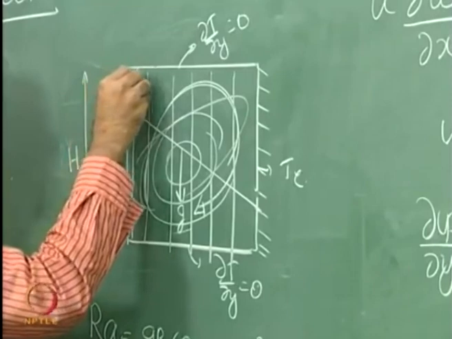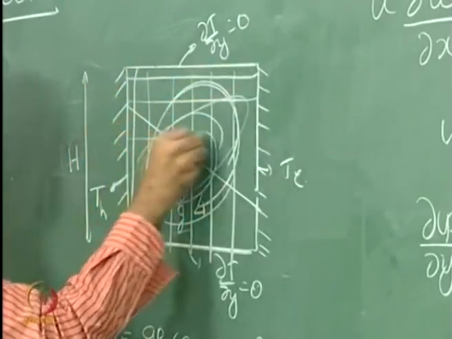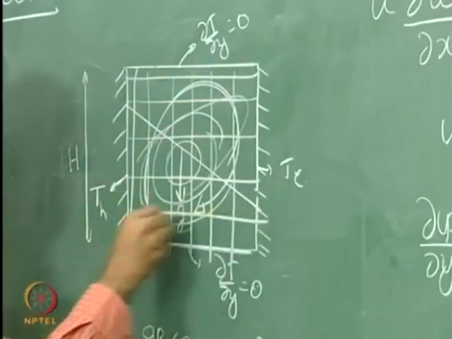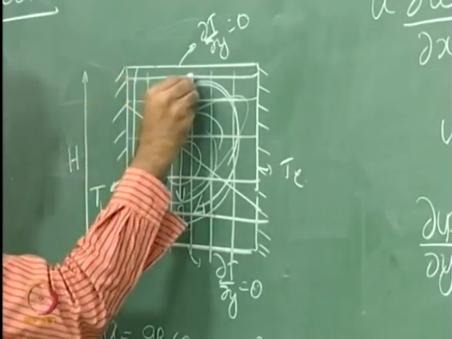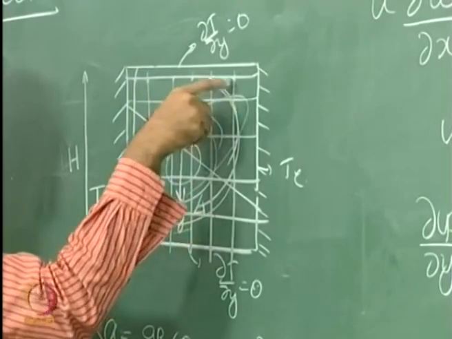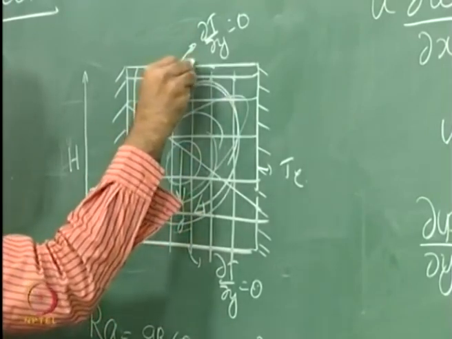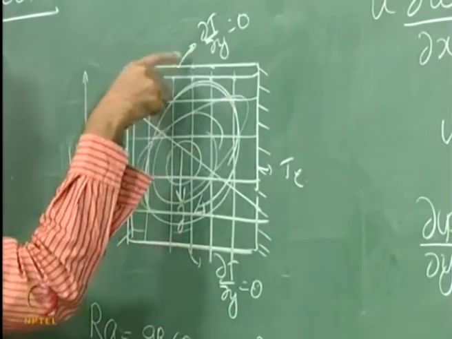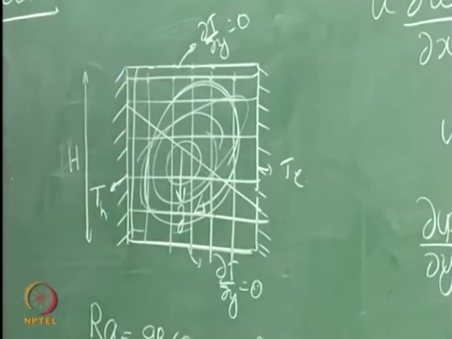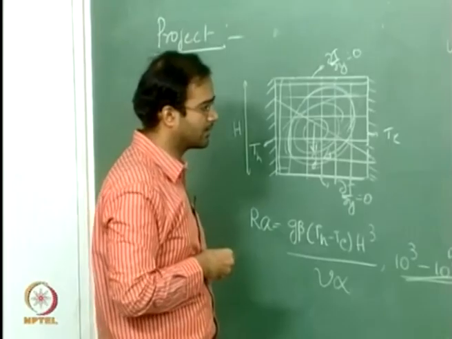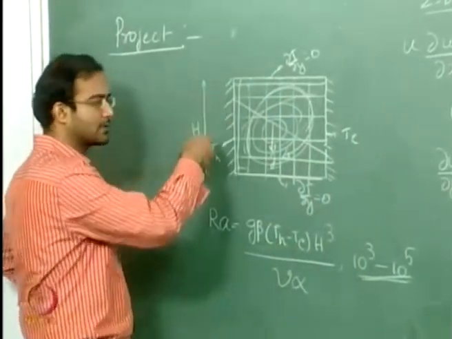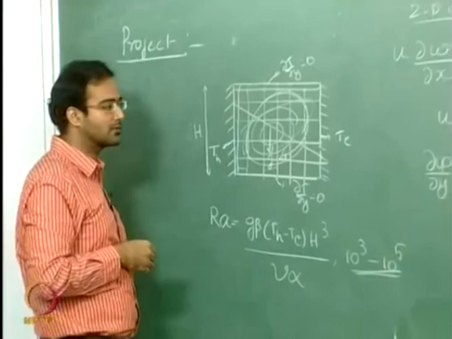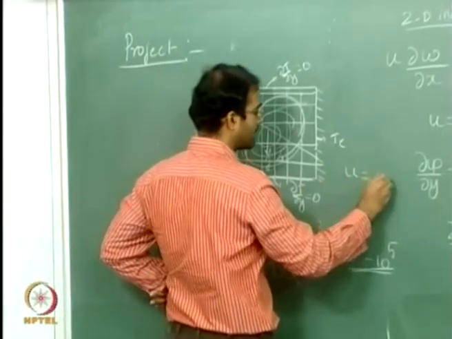So you divide the domain into your grid, which you all know, and you have your locations where you are solving the governing equations, and then at the boundary at the top and bottom you simply extrapolate from the interior point. As far as the boundary condition for stream function is concerned, you have to apply the no slip condition at the walls, u equal to 0 and v equal to 0.